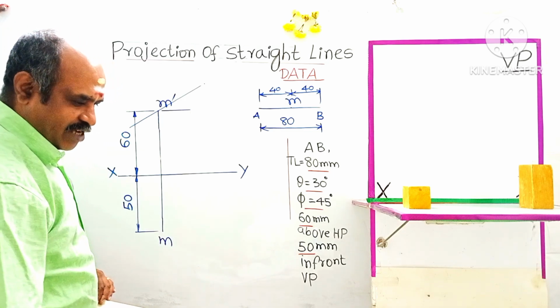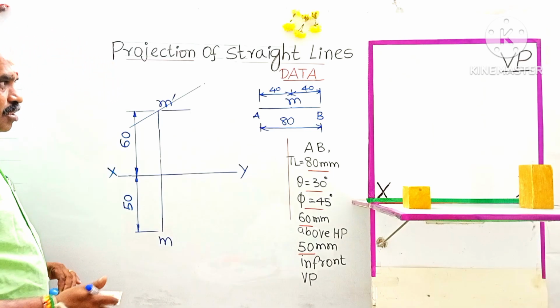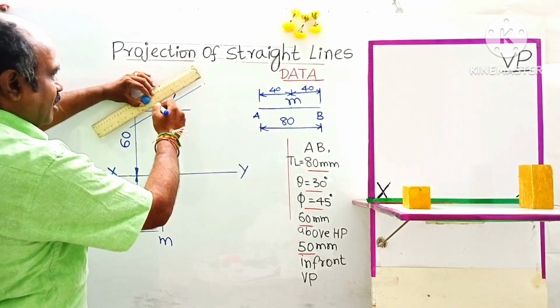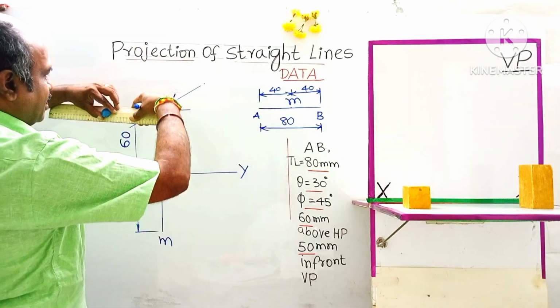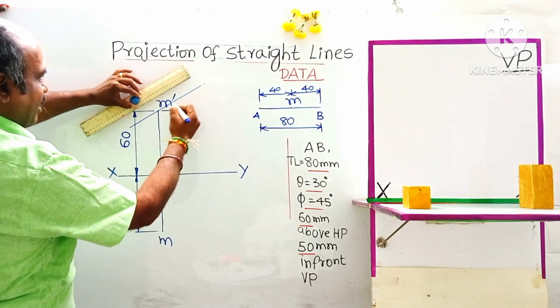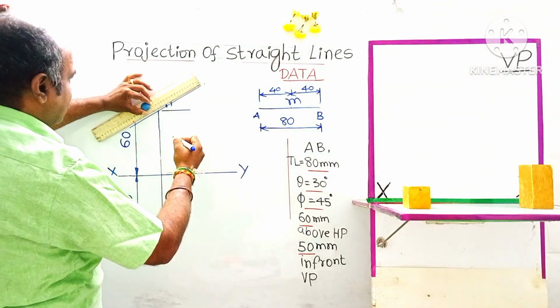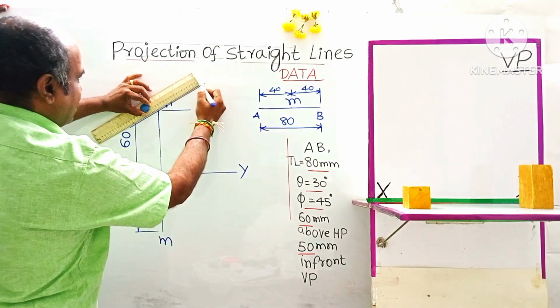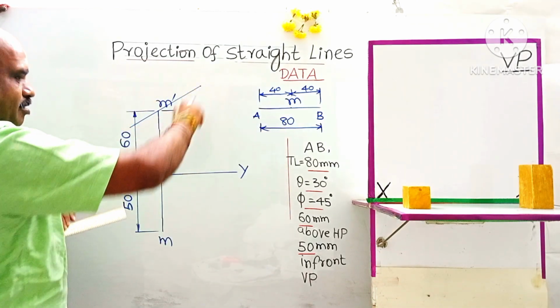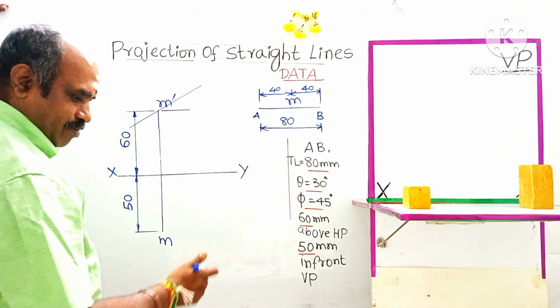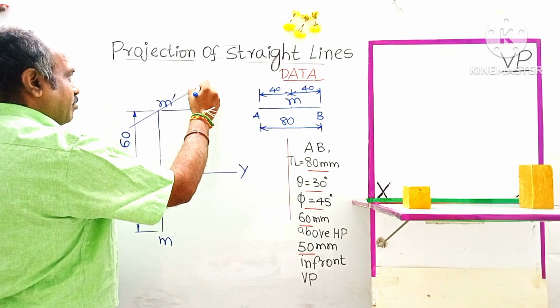The length of the line is given as 80 mm, so this side will be 40 mm, right side, from the M dash along this inclined line. It comes to this point. The extra length may be erased. This end point shall be marked with some letter that we will provide later.